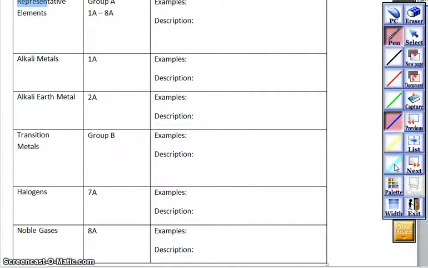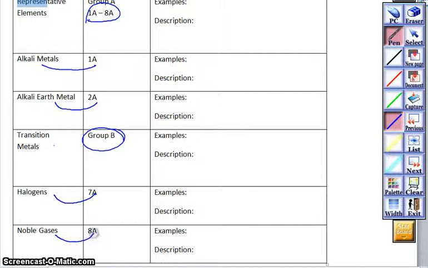I've filled in quite a bit for you, so representative elements are found in groups 1A to 8A. So these are the A's. Transition metals are the B's. And then some of the A's have special names: 1A, alkaline metals, alkaline earth metals, halogens, and noble gases.